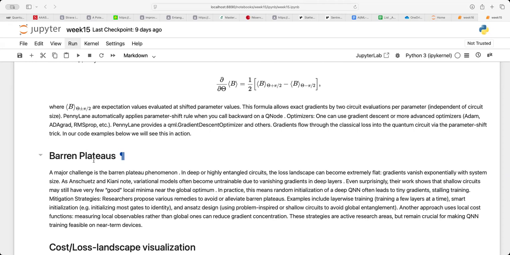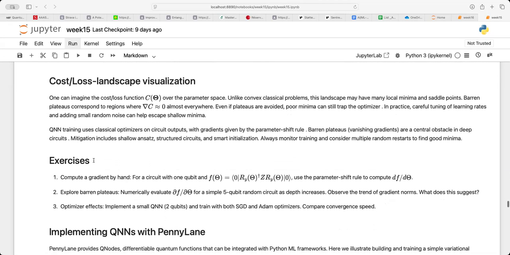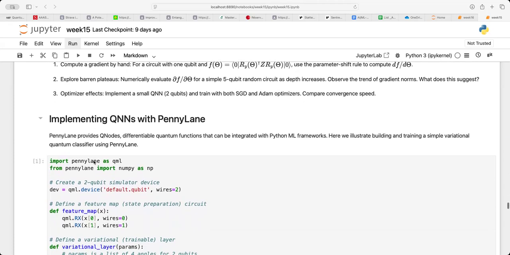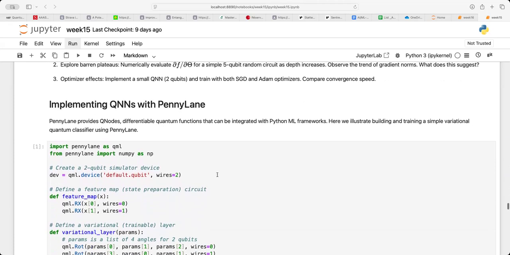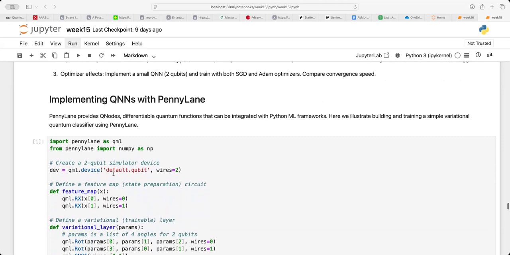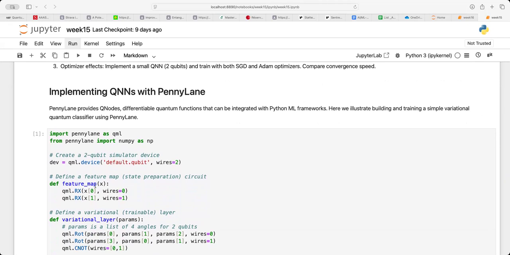So that's a classical problem. So there are some exercises as well, but when you do this with PennyLane, the typical way, which we will do now, in this case, it's just a 2-qubit example, and we discussed that partly last time.